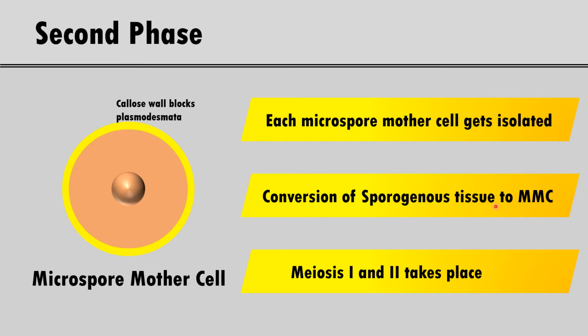That means from tissue organization it reverts to cellular organization, so it loses all the connections, and in the same phase meiosis 1 and 2 also take place.